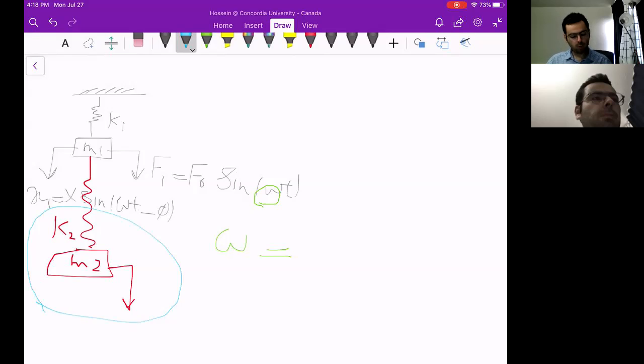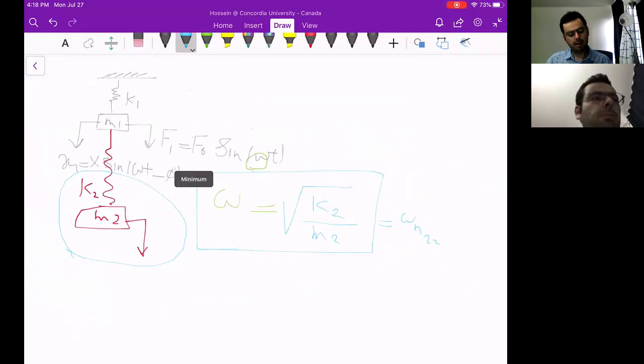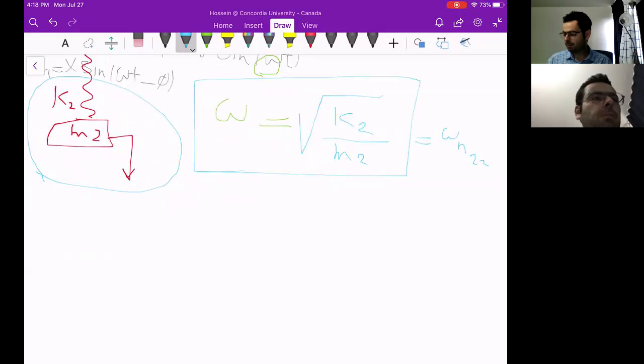So you have to choose K2 and M2 in a way that the square root of K2 over M2 would be equal to the excitation frequency of the forced vibration, which we normally call omega n22. So the proof for reducing the amplitude of the main mass can be analytically implemented.